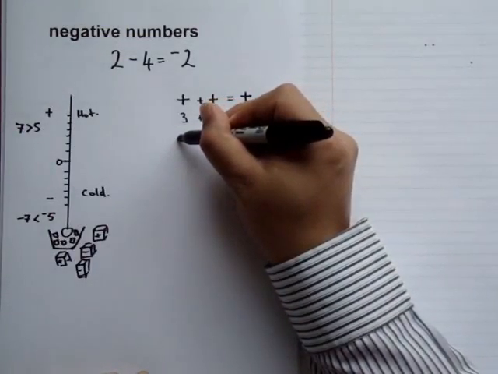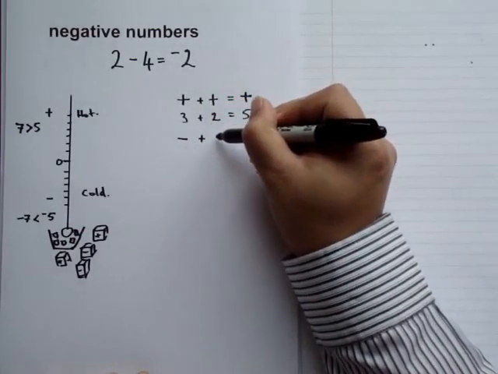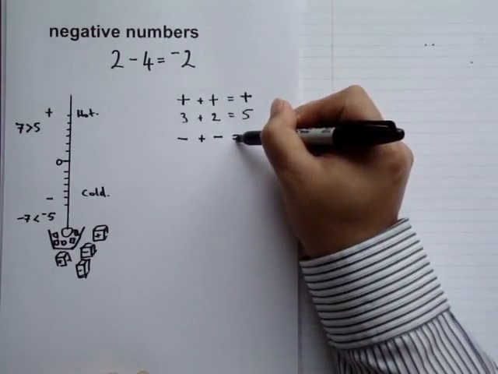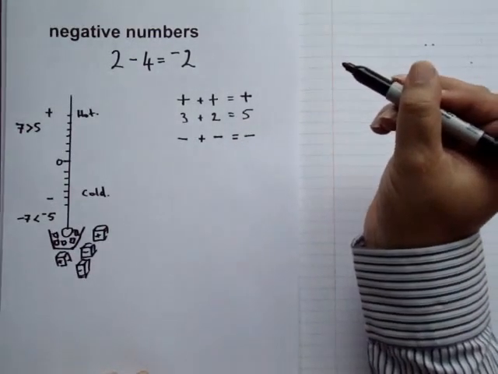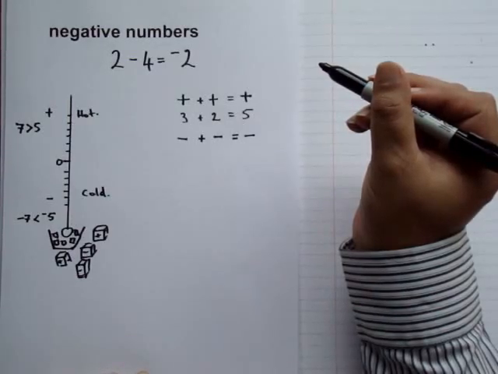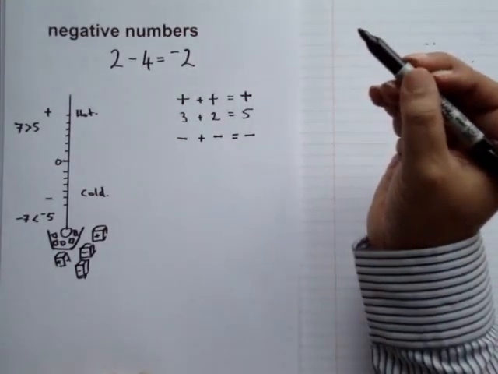If we have something with a negative sign and we add that to a number with a negative sign, we end up with a negative. We just discussed that before.